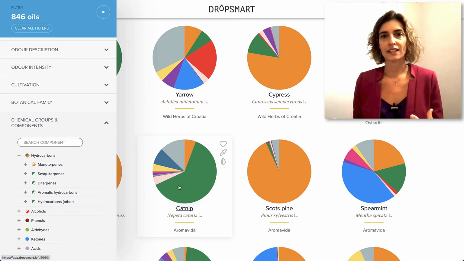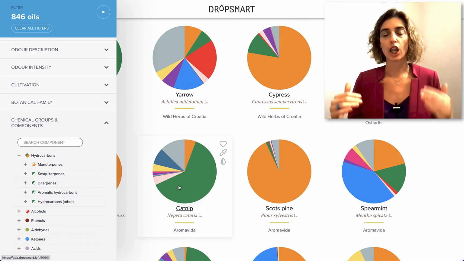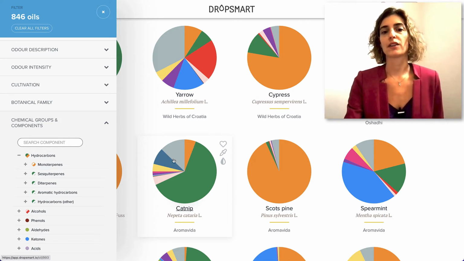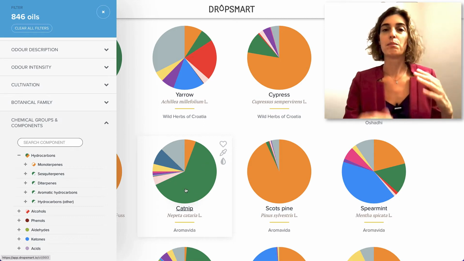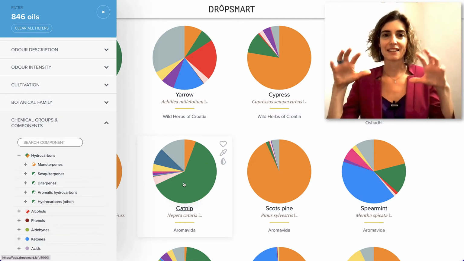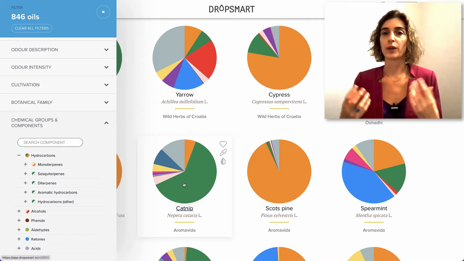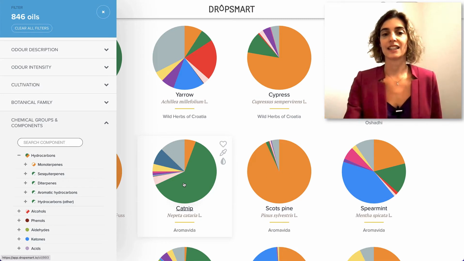That tells you it has 15 carbons, and that means that it is probably a low note. We don't know about the rest of this, but majority of this essential oil has very heavy molecules. So it is highly likely that this is a low note essential oil.